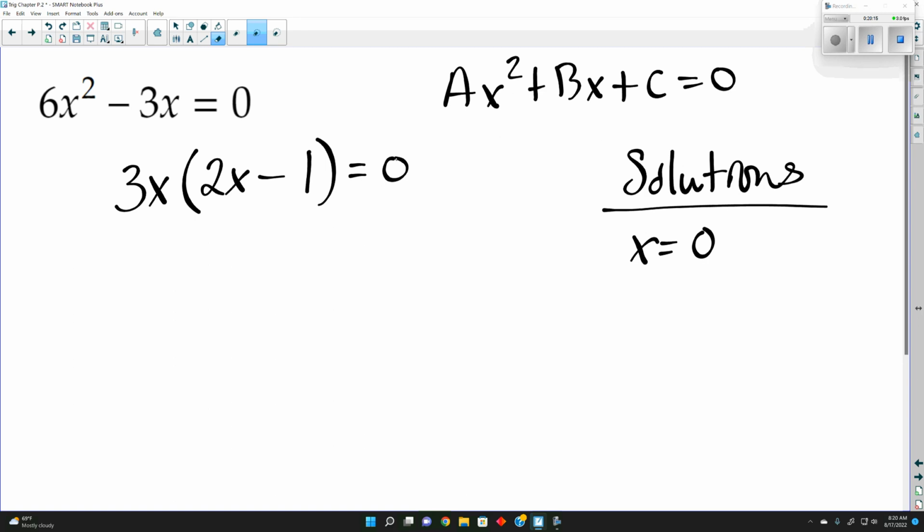Now again, the zero product property states that any two things multiplied together to equal 0 means one of them has to be 0. So we're saying that 3 times x is 0, or that 2x minus 1 is equal to 0, yes?